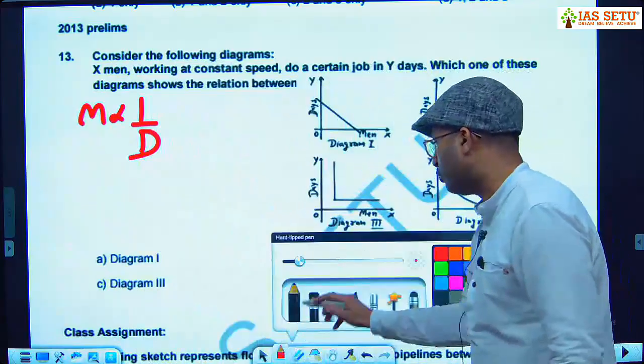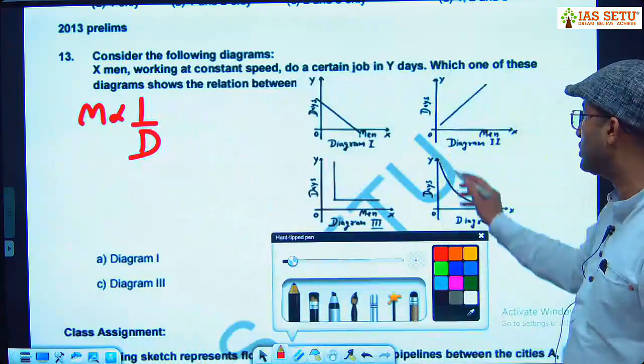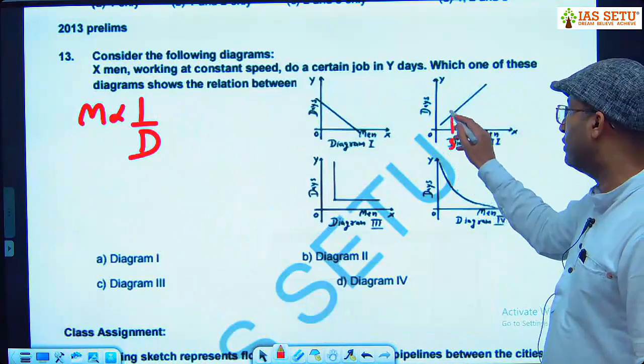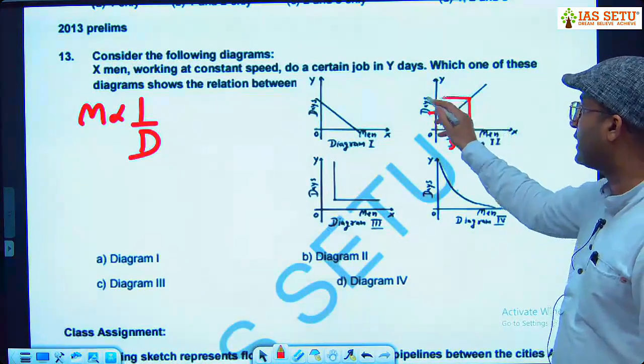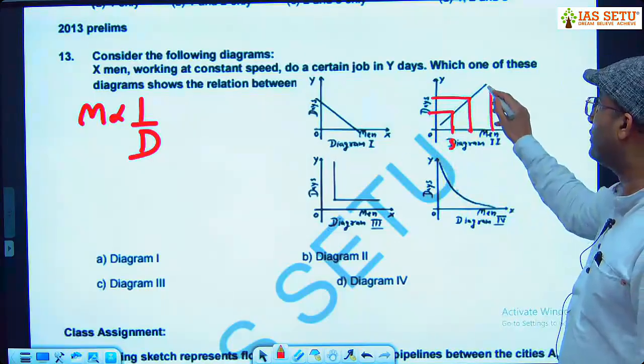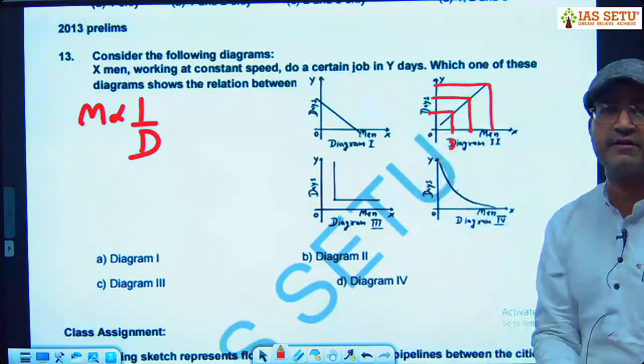Diagram number 2. What this diagram number 2 shows, 5 men take 5 days. 10 men take 10 days. 15 men take 15 days for same work.